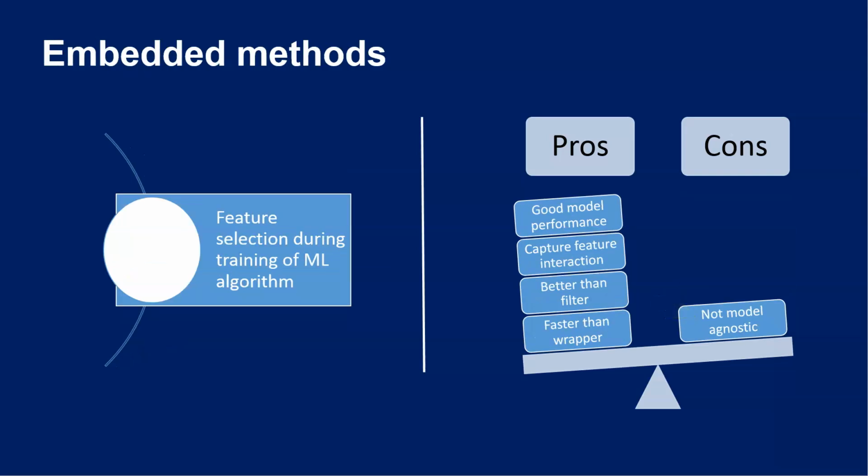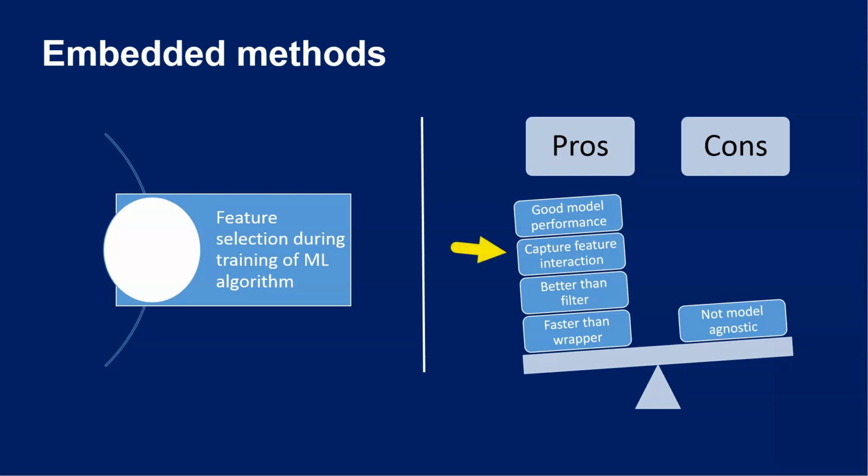So then we come to embedded methods, and they tend to have the best of both worlds. Embedded methods refer to those feature selection procedures that co-occur with actually training the machine learning algorithm. The classical example of an embedded method is the lasso regression, and also the feature importance that we derive from fitting tree-based algorithms.